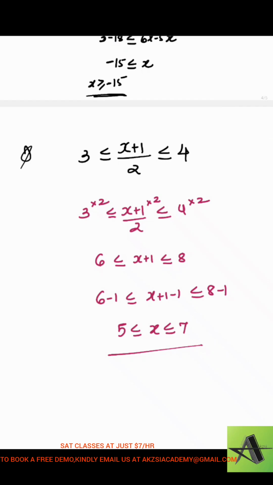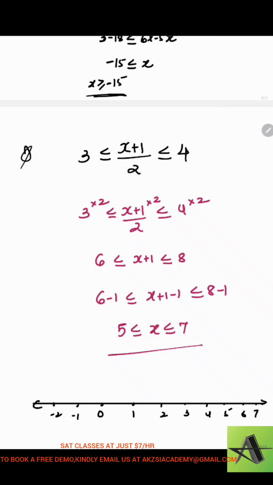And when I represent this inequality on a number line, you will find a specific range, a range which is not stretching infinitely, but instead lying in the middle like this. 0, 1, 2, 3, 4, 5, 6, 7, -1, -2.